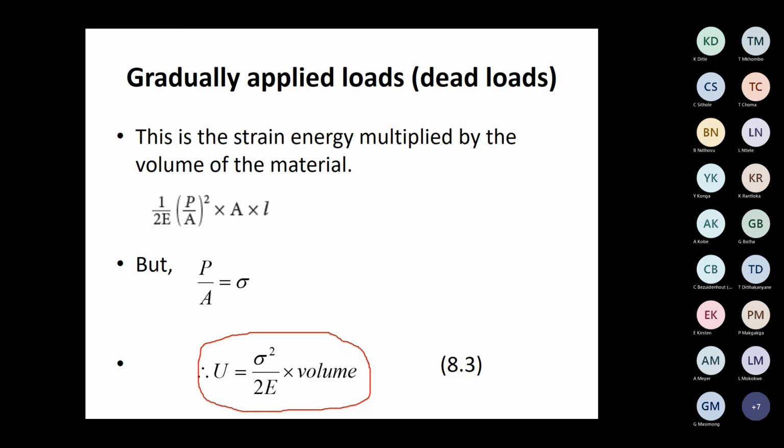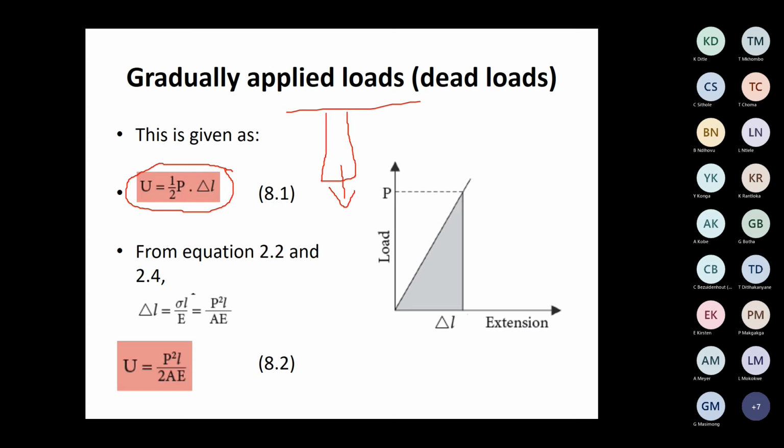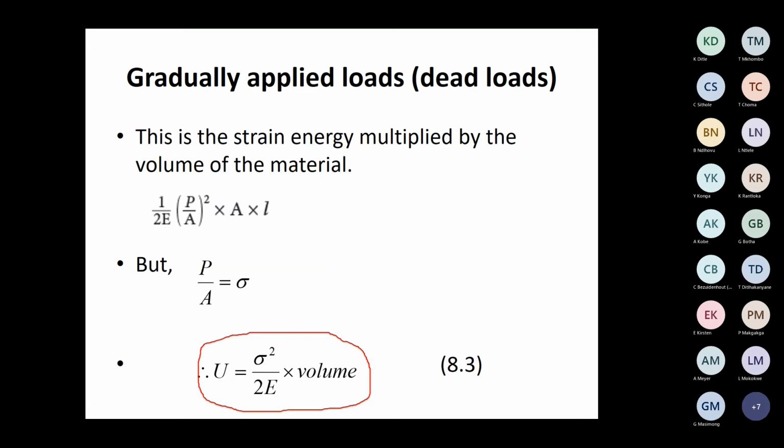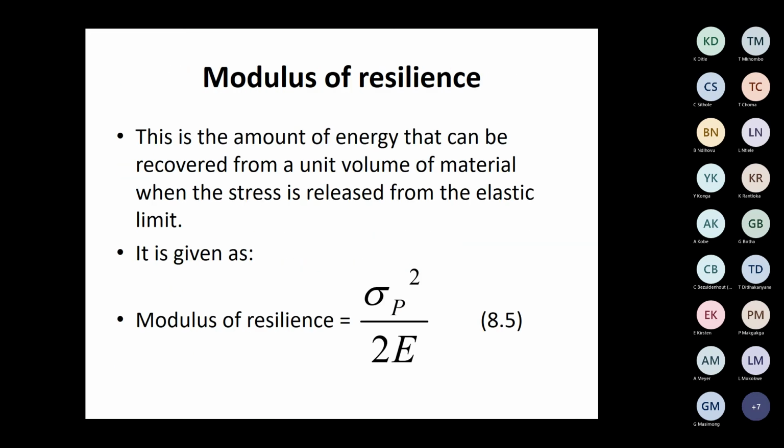You can also take the previous formula I showed you and multiply it by the volume. No problem, you can do that as well. But it depends on whether you know the load or the stress, or what the question asks you. If it asks you to calculate the stress, then use that one straightforwardly, because it will tell you what the load is.